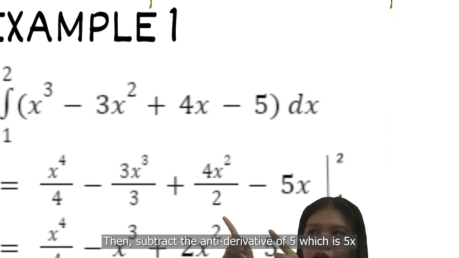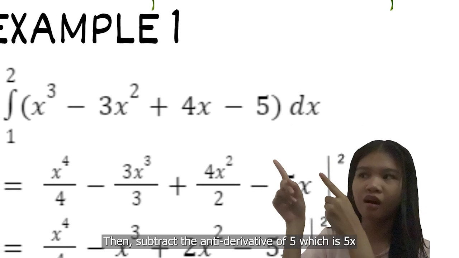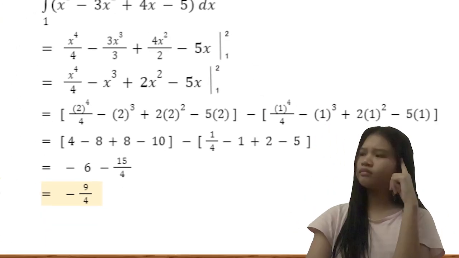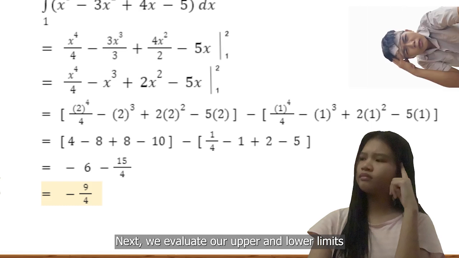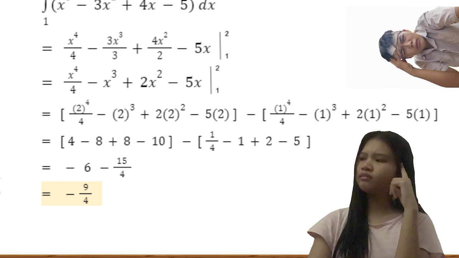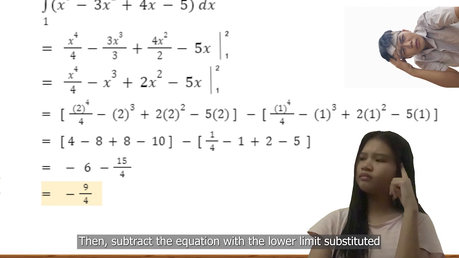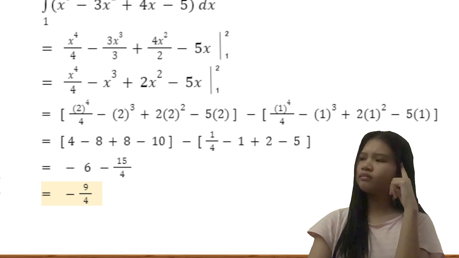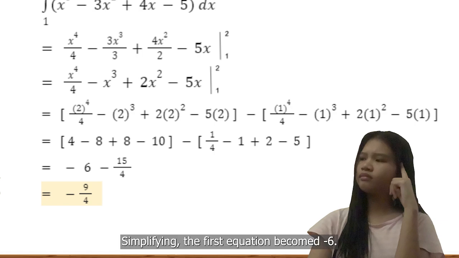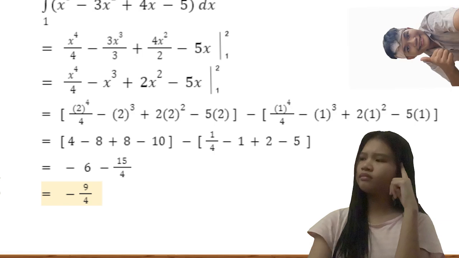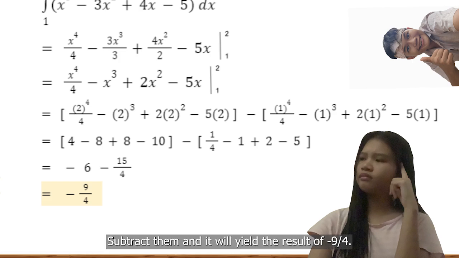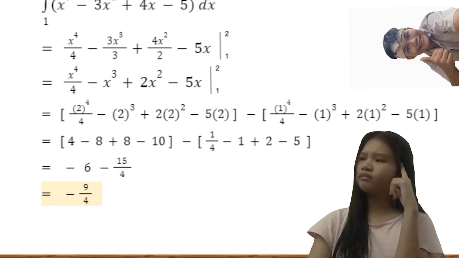Then subtract the antiderivative of 5, which is 5x. Next, we evaluate at the upper and lower limits. Substitute the upper limit for x, then subtract the equation with the lower limit substituted. Simplifying, the first equation becomes negative 6, and the second becomes 15 over 4. Subtract them, and it will yield the result of negative 9 over 4.